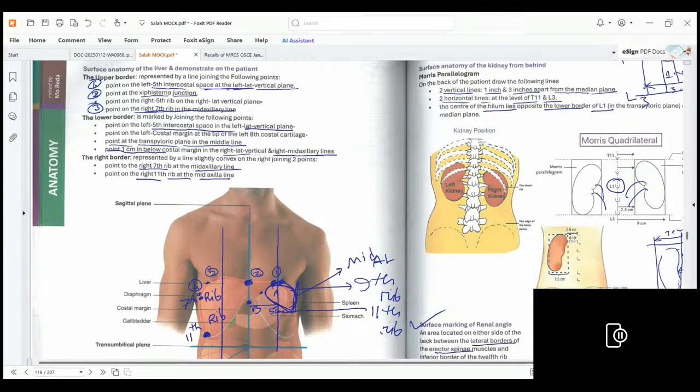Third point in the right fifth rib, mid-clavicular line. If it is mid-clavicular, then life will be easy. Can you check whether the left lateral vertical plane and mid-clavicular line are the same or not?